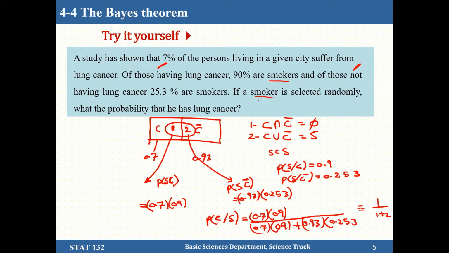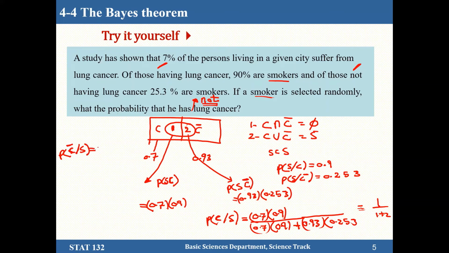Same question. If a smoker is selected randomly, what is probability that he has not lung cancer? This case is just P of not C given smoker. Already he is a smoker. What is probability he has no lung cancer?